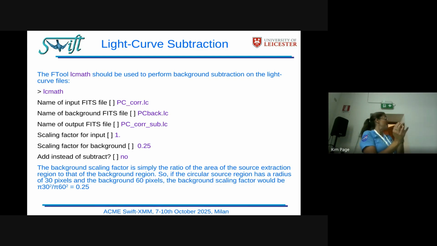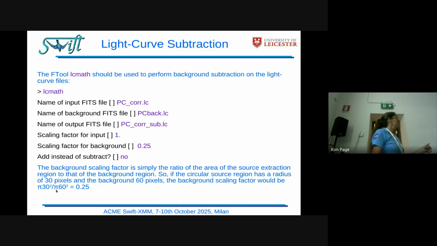So usually, certainly for PC mode, we would recommend you use a larger extraction region for your background than your source, because the background does vary a bit over the CCD. So if you use a bigger one, it's a better average. In this case, I used a background region with a radius of 60 pixels compared to 30 pixels for my source, and so the background region is bigger, so you need to scale it down.